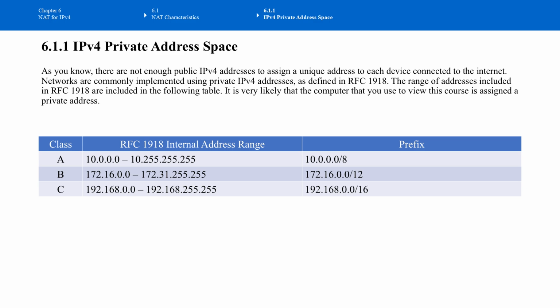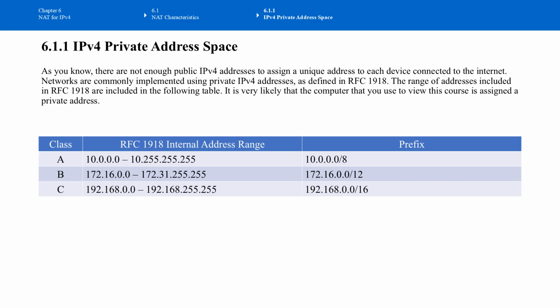Now let's move to Class B, the Class B private range. The second range is between 172.16.0.0 through 172.31.255.255. The prefix is 172.16.0.0/12.